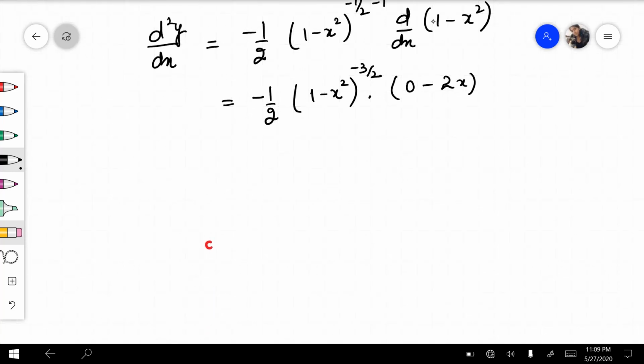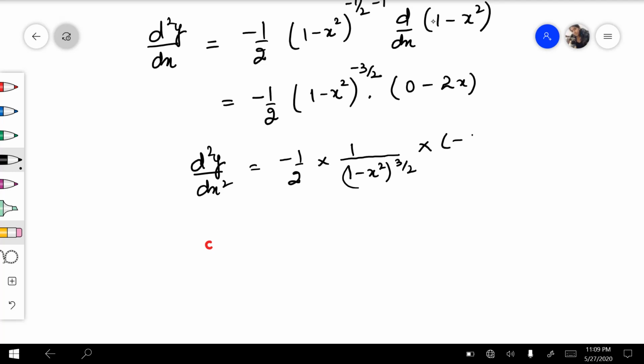Let's simplify this one. This becomes d2y upon dx square is equal to minus 1 by 2 into 1 upon 1 minus x square raised to power 3 by 2 into minus 2x. So 2 and 2 cancelled.